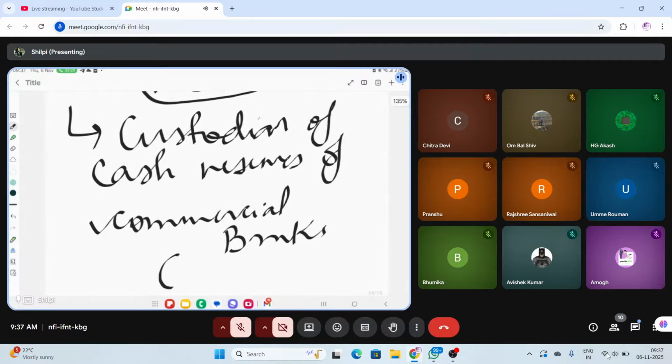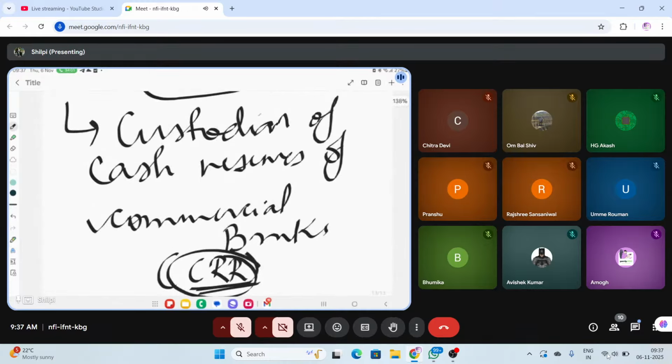This is often referred to as the cash reserve ratio. That is why RBI is known as the custodian of the cash reserves of the commercial banks. Only a portion of the money that the commercial banks receive, for example 3 to 4%, has to be maintained with the Reserve Bank of India as a safety measure. So, RBI is the custodian of the cash reserve ratio.